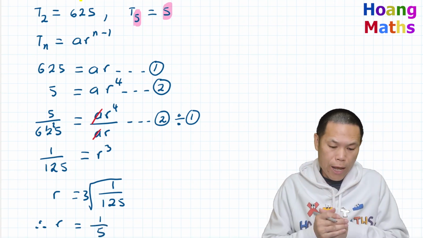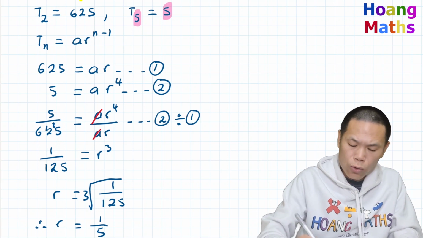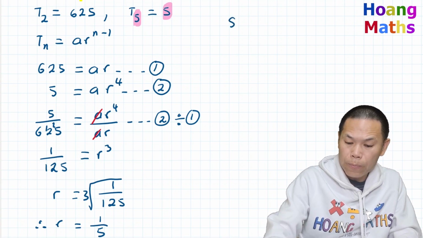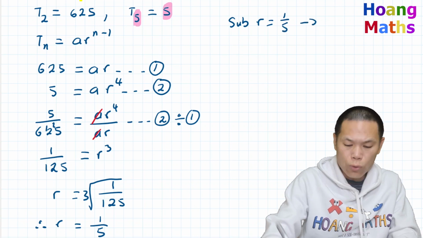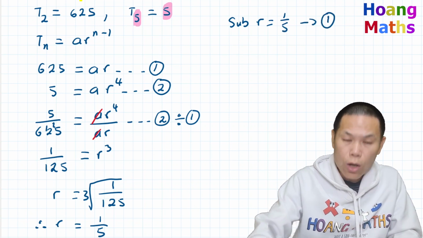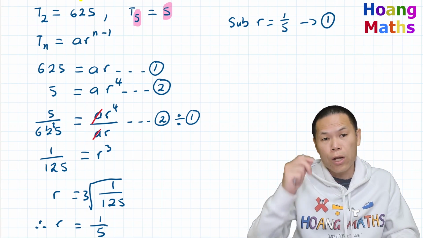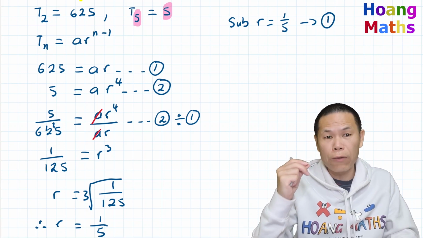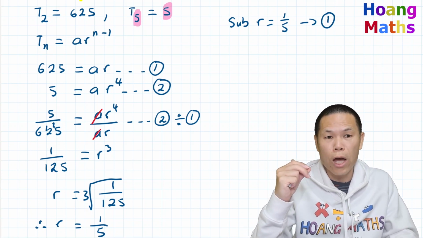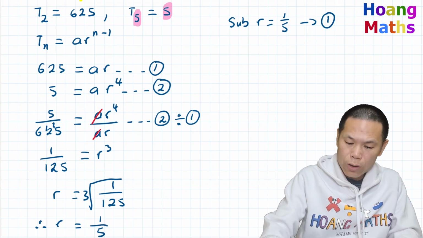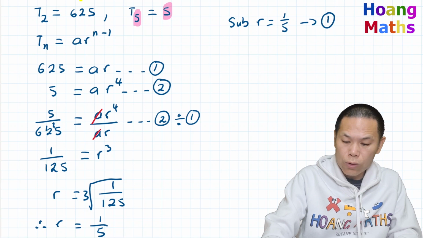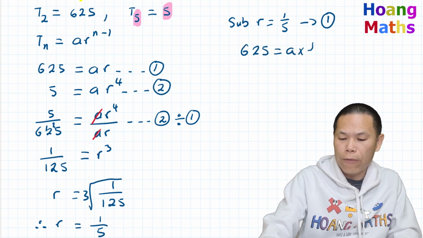So there you go. Now to find A, so what I do, I just substitute R equal to 1/5 into equation number 1. Of course, you can substitute the R value, that is 1/5, into equation number 2 if you like, but number 1 is easier, that's all. So now we just go 625 is equal to A times 1/5.